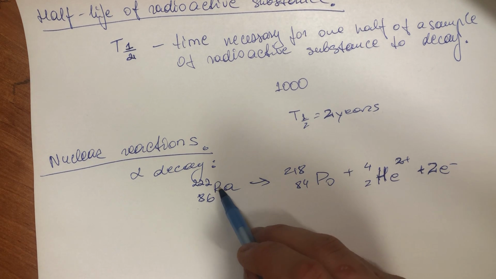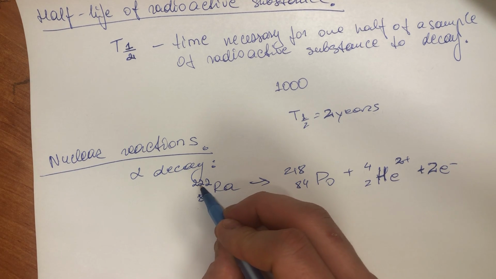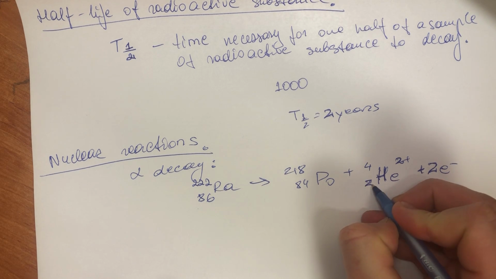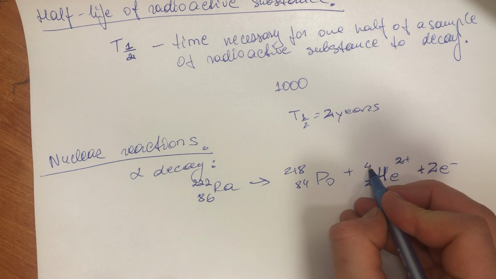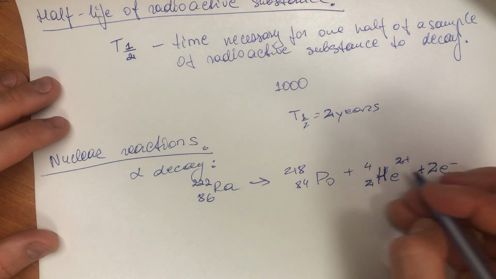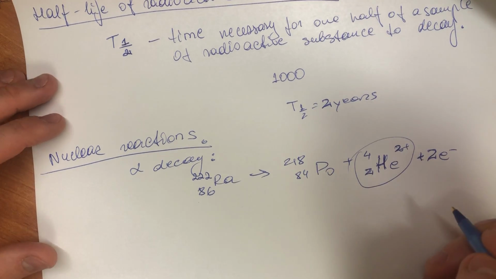We can see that here we had 222 and 86, and here we have 218 and 4, so 218 plus 4 sums to 222, and 84 plus 2 is 86. So this is an alpha particle.